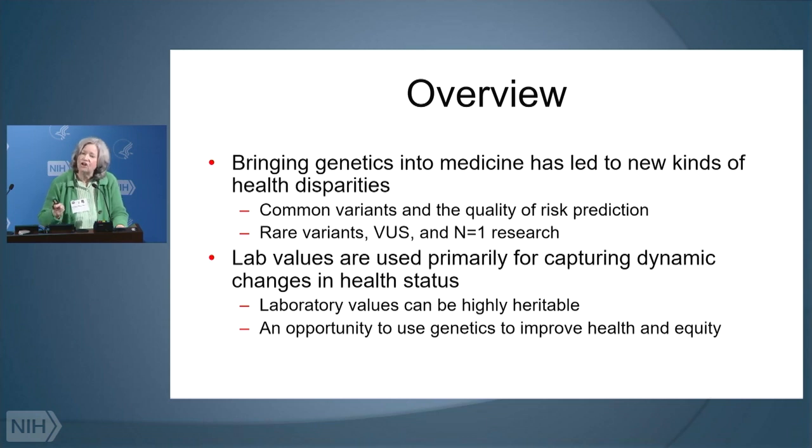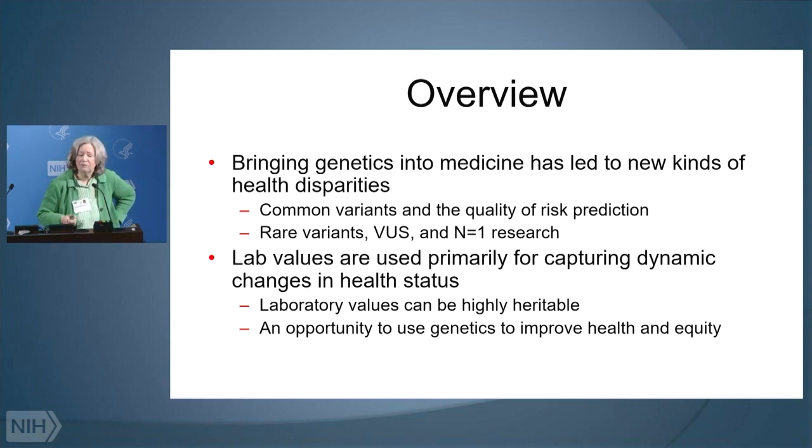The genetics is often completely non-predictive of the outcomes we're using the measurements for. And so when those laboratory measurements are highly heritable and that genetics is not predictive of the outcomes, the genetics is not just misleading us, but it's creating a barrier to the dynamic part of the measurement telling us the right things about where people are in the distribution.